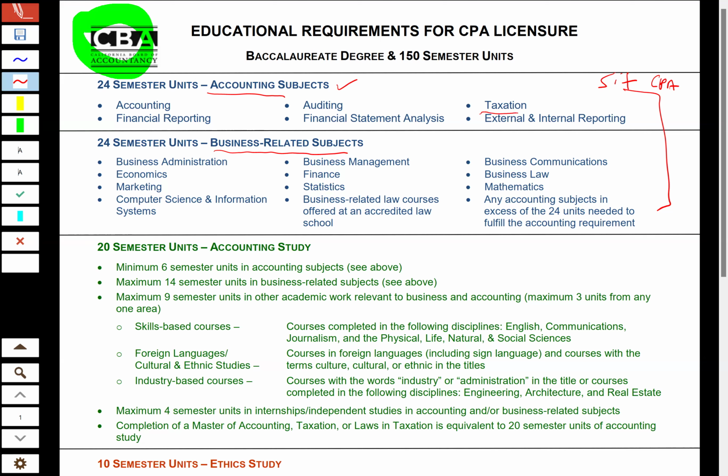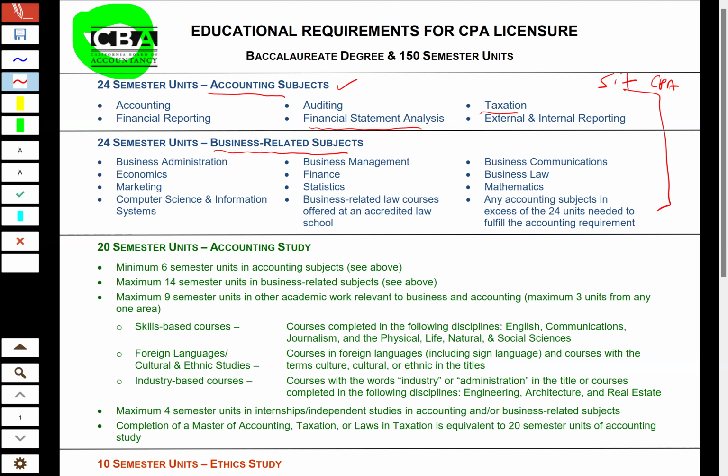You don't have to have a tax class, but let's say you decided to. That would count. Classes that have the word financial statement analysis in them. Classes that come from the accounting department, so it's accounting one, accounting two, etc. You can take classes from community college to meet these requirements. You could take advanced placement classes in high school that would count towards meeting these requirements.